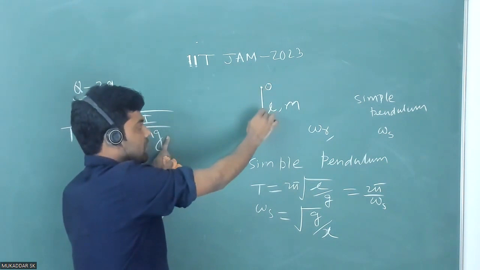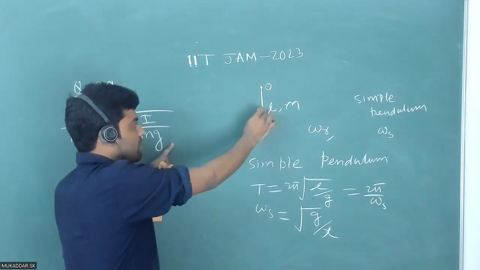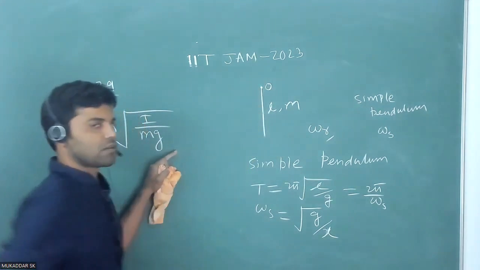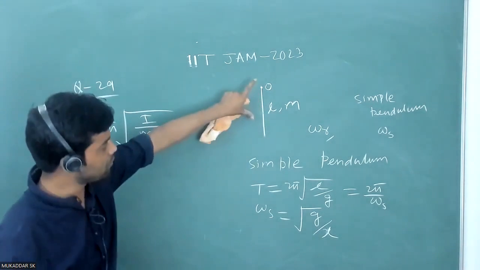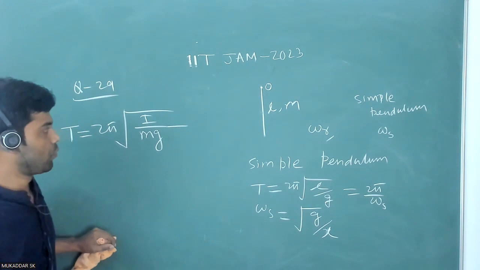Since the stick is uniformly mass distributed, the center of gravity will be at the middle, so that distance will be L by 2.